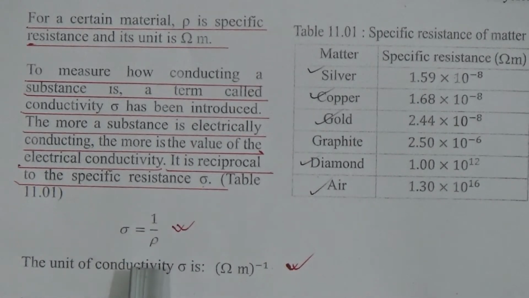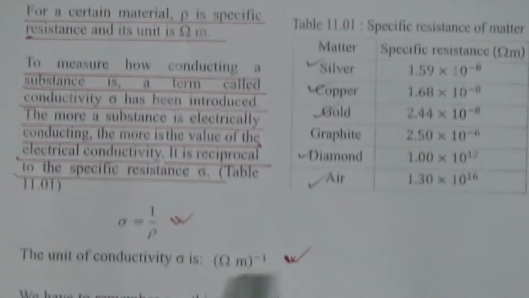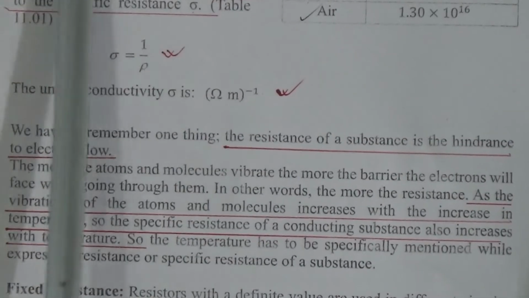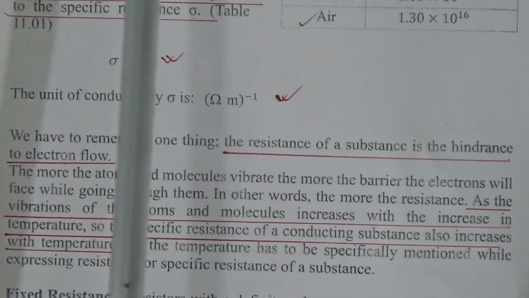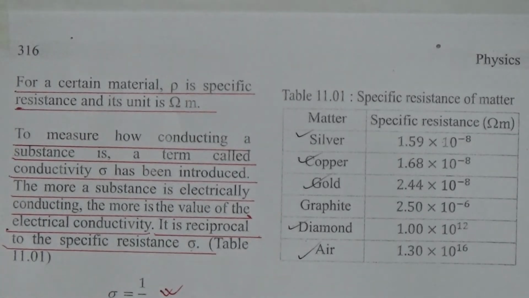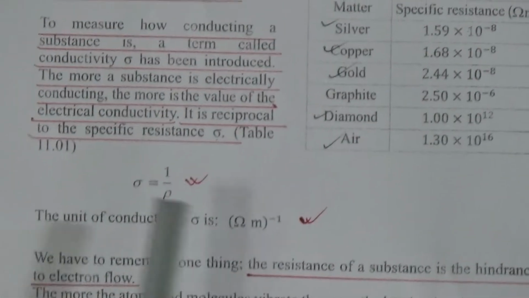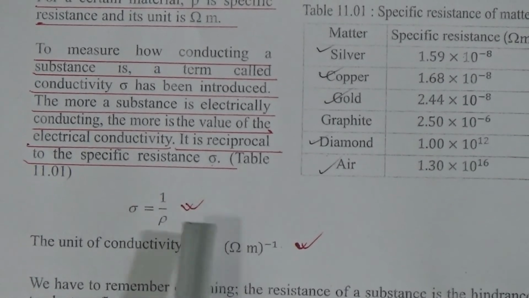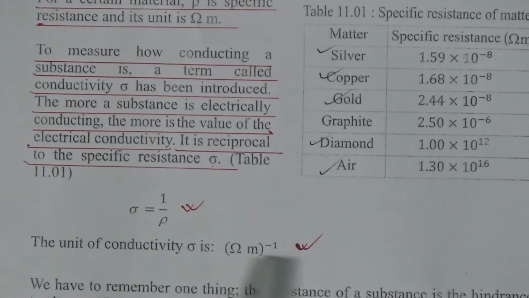The unit of rho is ohm meter, and the unit of conductivity sigma equals 1 divided by rho, that means per ohm meter.